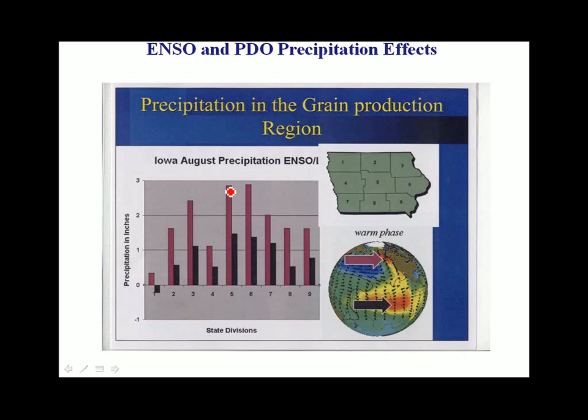And typically what I found is that I had precipitation higher than during a negative phase of the Pacific Decadal Oscillation. So whenever we had above normal water temperatures from Washington to Alaska, coupled with an El Nino event, we had above normal precipitation.